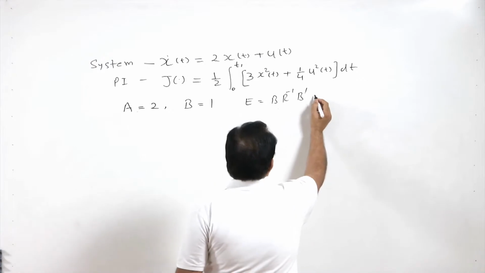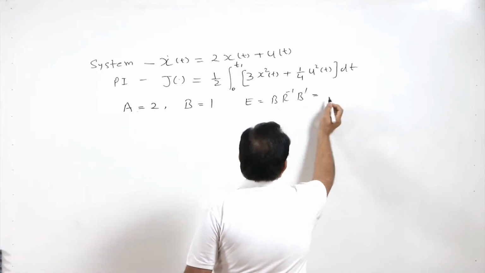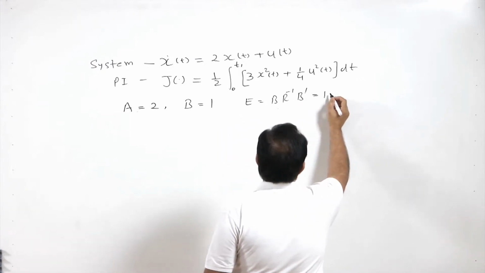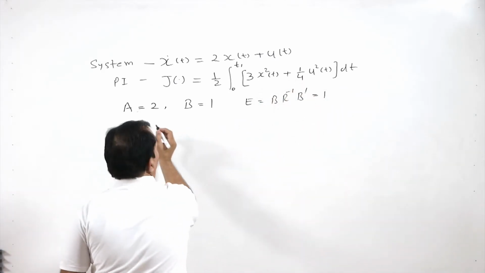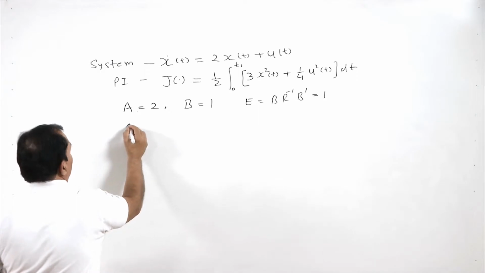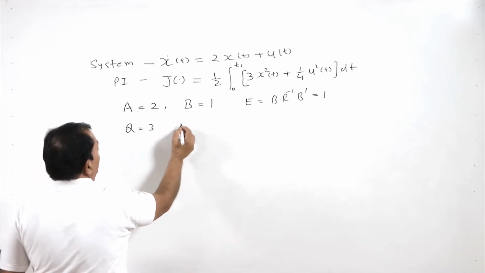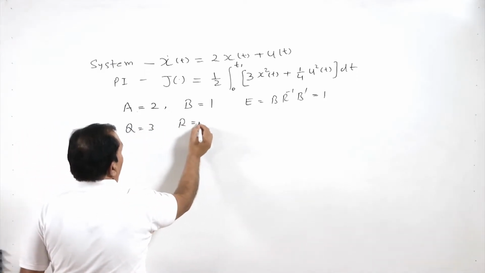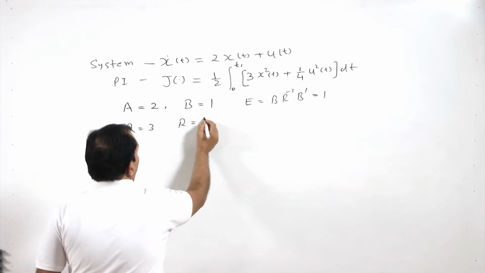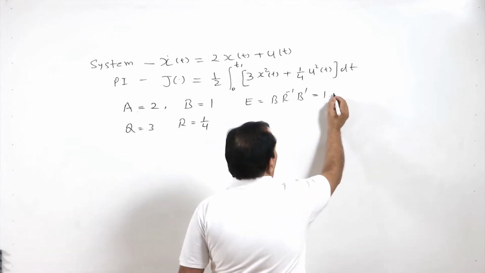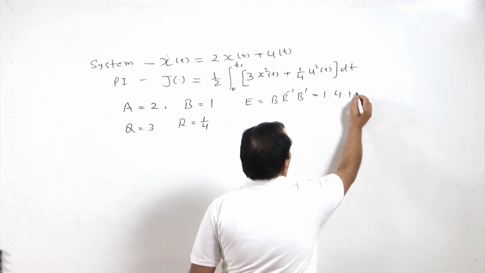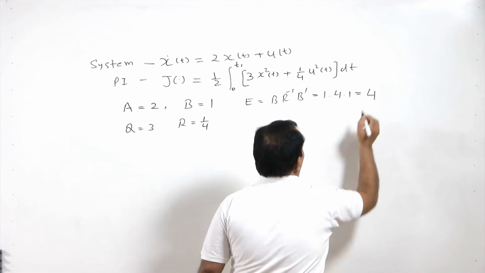B is 1, and Q is 3 and R is 1 by 4, so R inverse is 4. So E is nothing but 4.